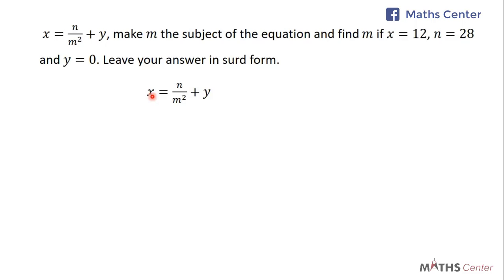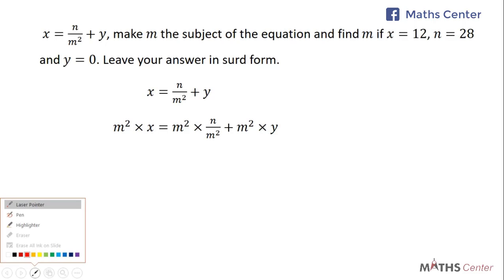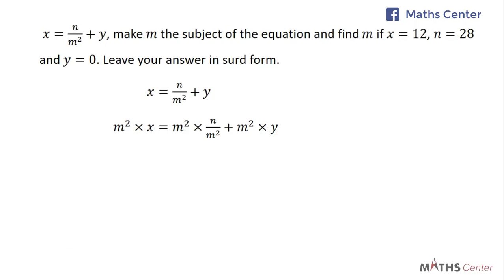We multiply x by m squared, we multiply n over m squared by m squared, and we multiply y by m squared. So we have m squared times x is equal to m squared times n over m squared plus m squared times y. From here, we can cancel the fractions out such that the fractions will be away from the equation.